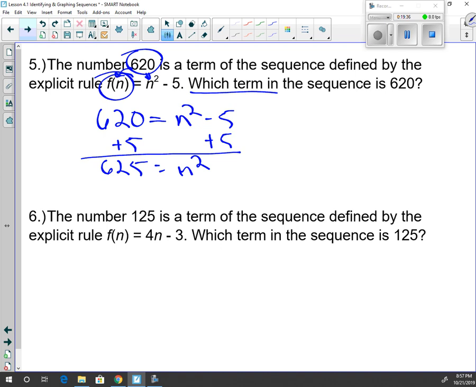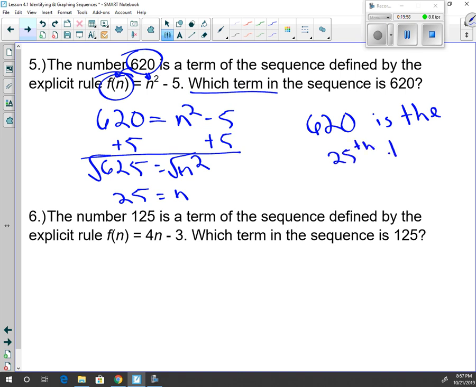And that's not the answer, because we still have this exponent, so how do I undo squaring? I square root both sides. The square root of 625 is 25, and so n is 25. So what that means is 620 is the 25th term of the sequence.